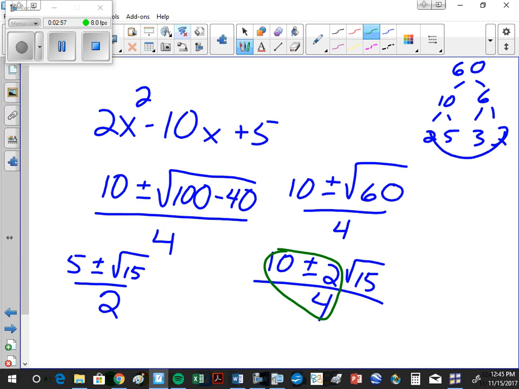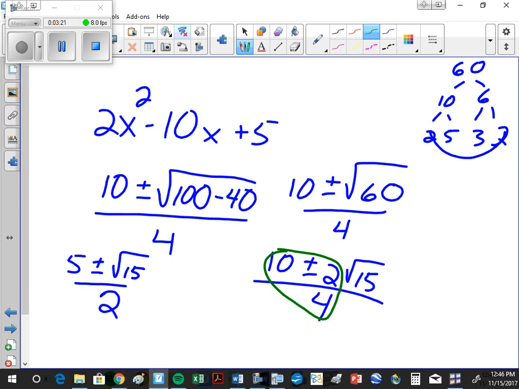Okay, one other way to really easily simplify the square root of 60: which numbers can you take the square root of? What numbers square root? 1, can you think of any others? 4, 9, 16. What are these numbers? They're perfect squares.